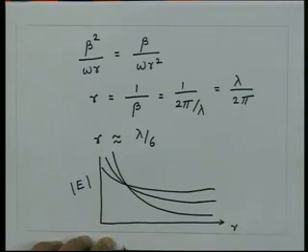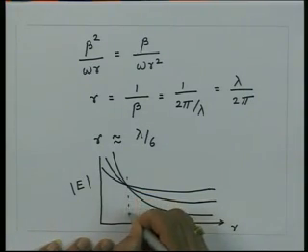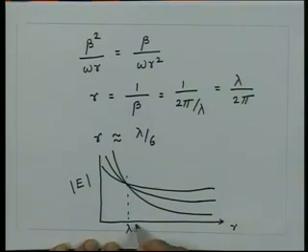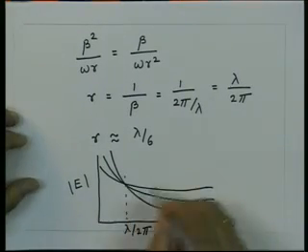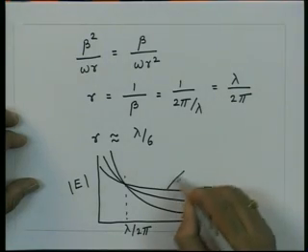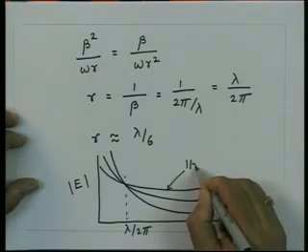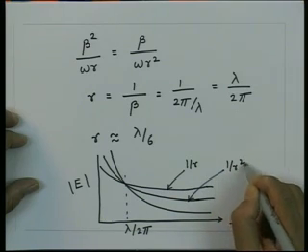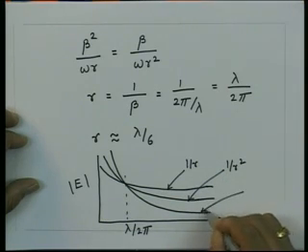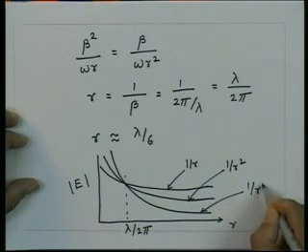And this is the point which is lambda by 6 approximately, or lambda by 2 pi to be precise, where these three fields are going to be equal. So, this is 1 over r, this is 1 over r square, and this is 1 over r cube.